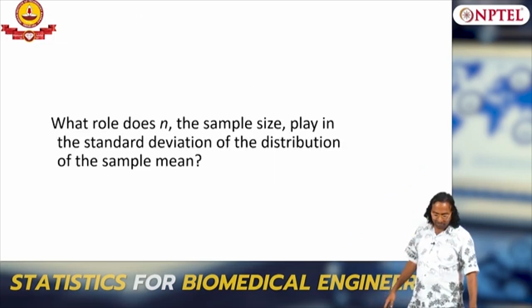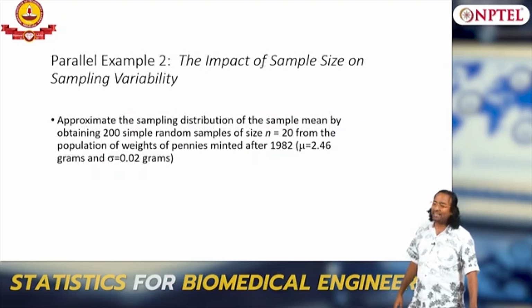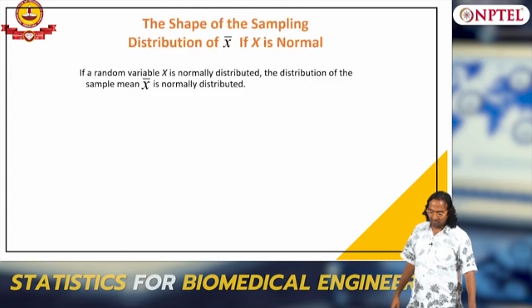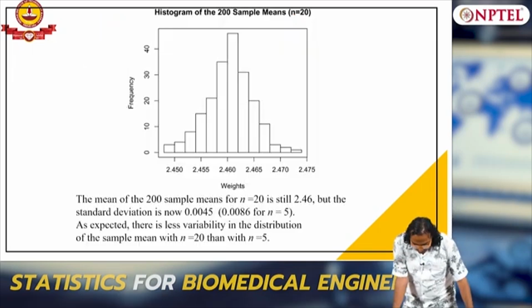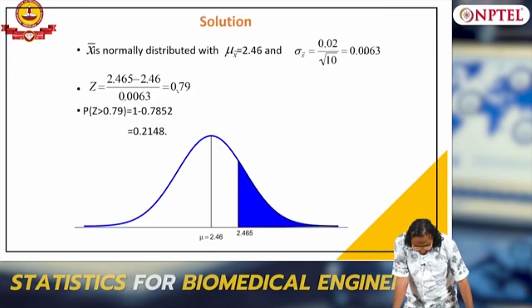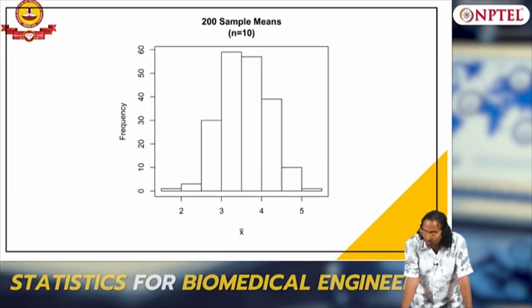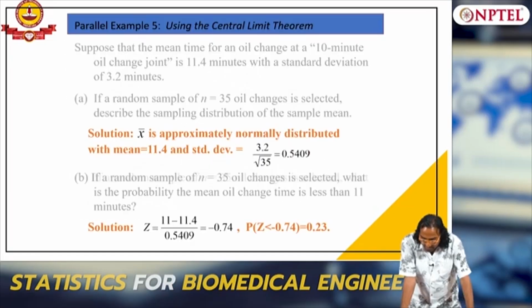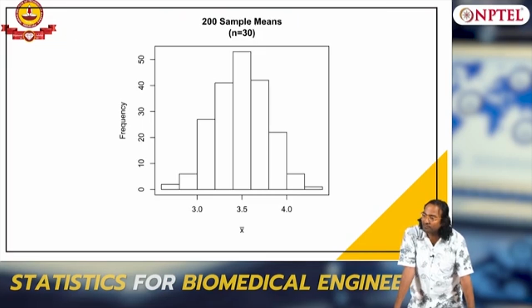Now same thing, if I increase the sample size to 20, it is more and more Gaussian. If I make it 100, it would become an exact Gaussian. Yeah, n equals 4, n equals 10, 30, and if you increase it more and more, it will become perfect Gaussian.